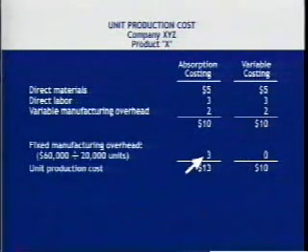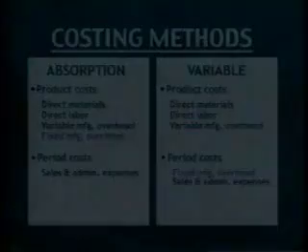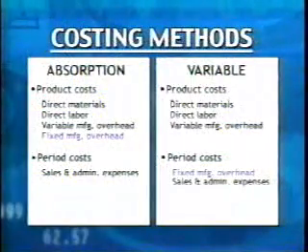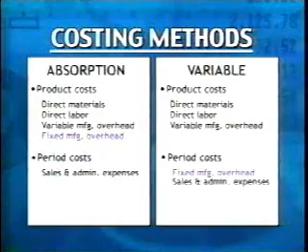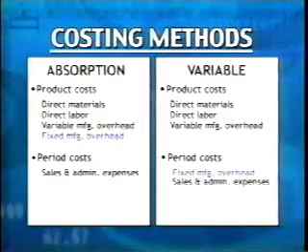The difference of $3 per unit, the fixed manufacturing unit cost, is key to understanding how net income differs under absorption and variable costing when sales and production volumes differ. Variable and absorption costing methods produce different periodic net incomes when sales and production volumes differ.